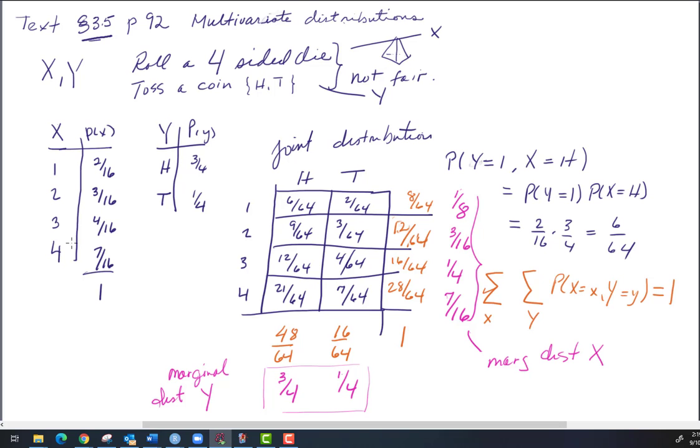And I don't know if that surprises you or not, but they are, in fact, the same. So the marginal distributions would be the distributions for the random variables alone, and the body of the table would be their joint probability distribution.